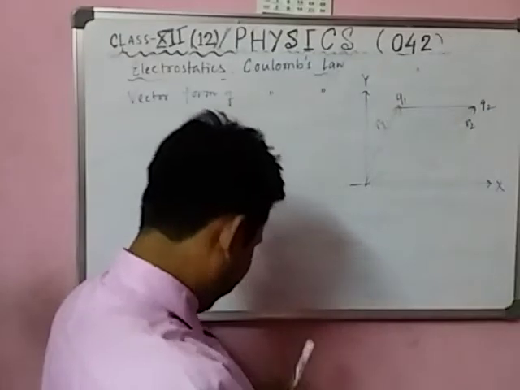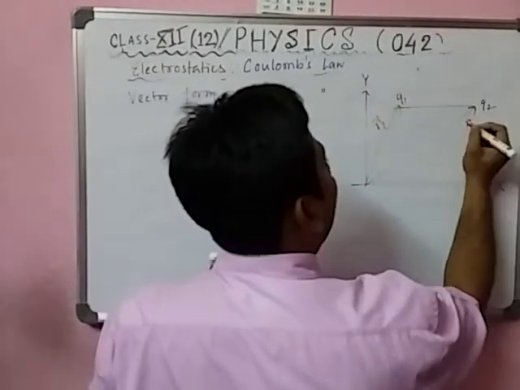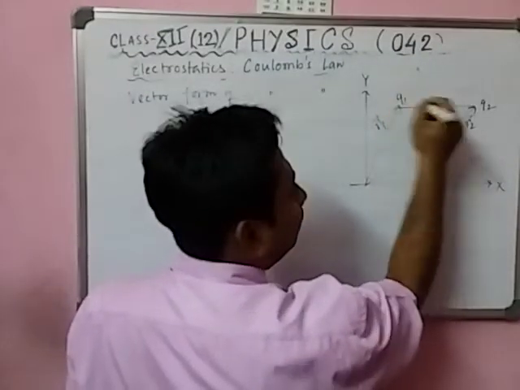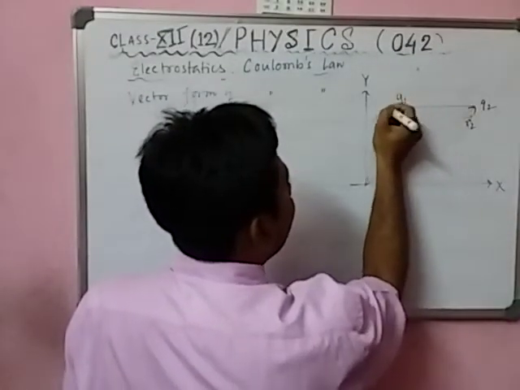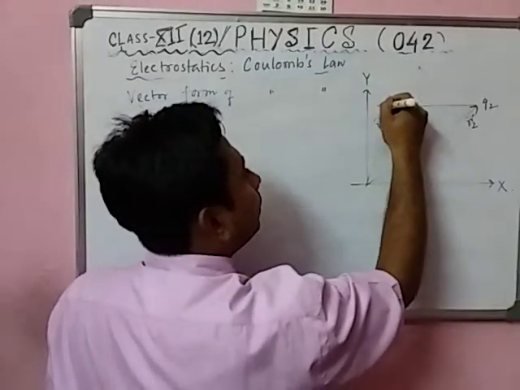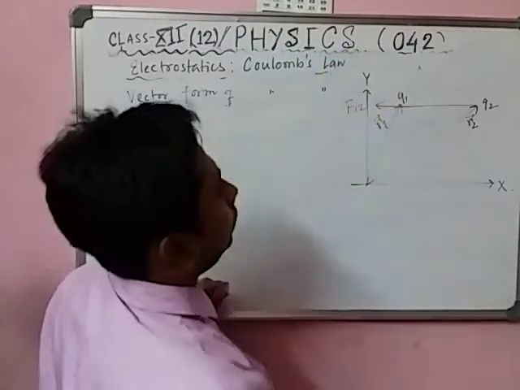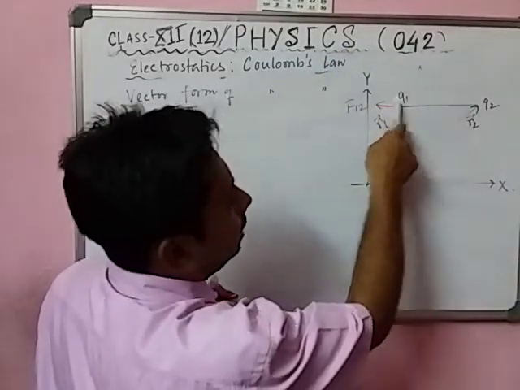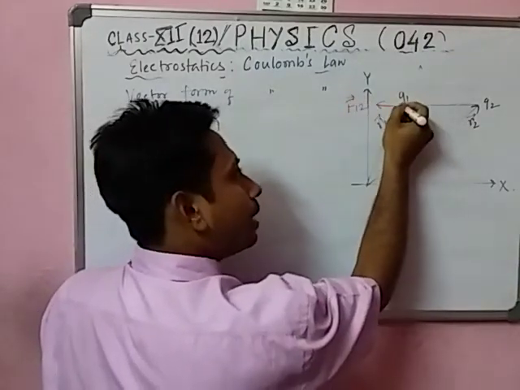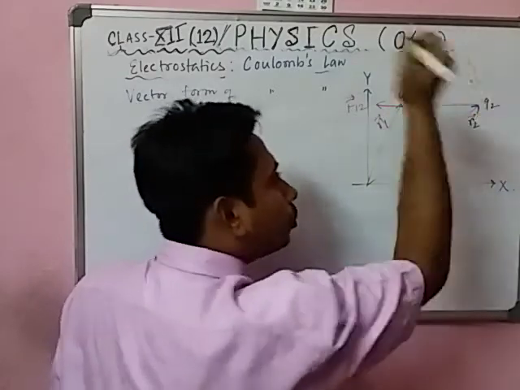So R1 vector, R2 vector, and if both are positively charged, then on Q1, due to Q2, there is a force of repulsion in this direction which is called F12. F12 means force on 1 due to 2.